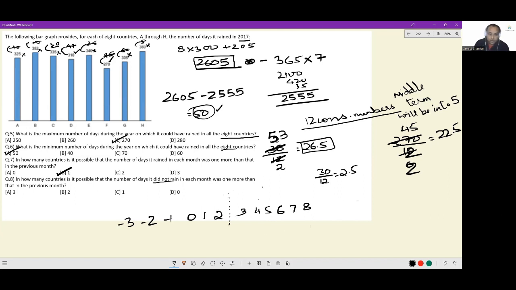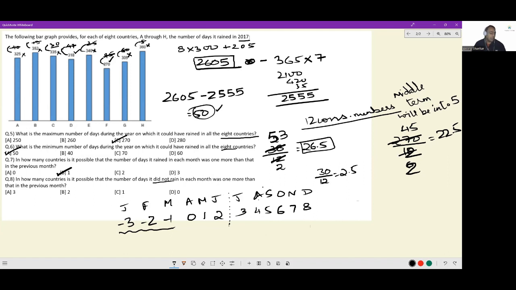Now, I wanted the number of days it did not rain each month to be more than in the previous month. Can you see? This is a problem situation. January, February, March, April, May, June, July, August, September, October, November, and December.